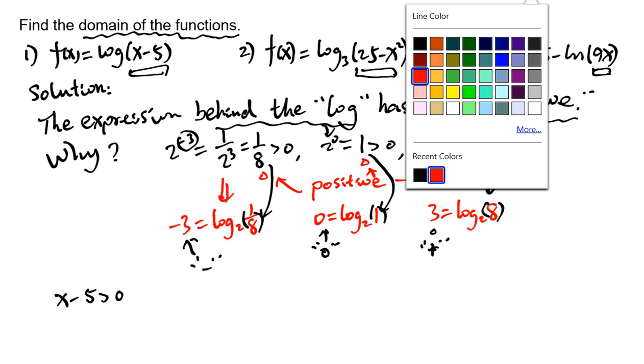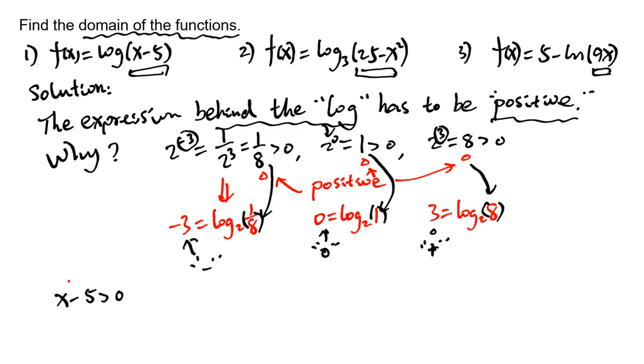If x minus 5 is greater than 0, you add 5 on both sides, and you have x greater than 5. X greater than 5 is from where? If here is 0, here is 5, then from 5 to infinity. Then the interval expression will be from 5 to positive infinity.